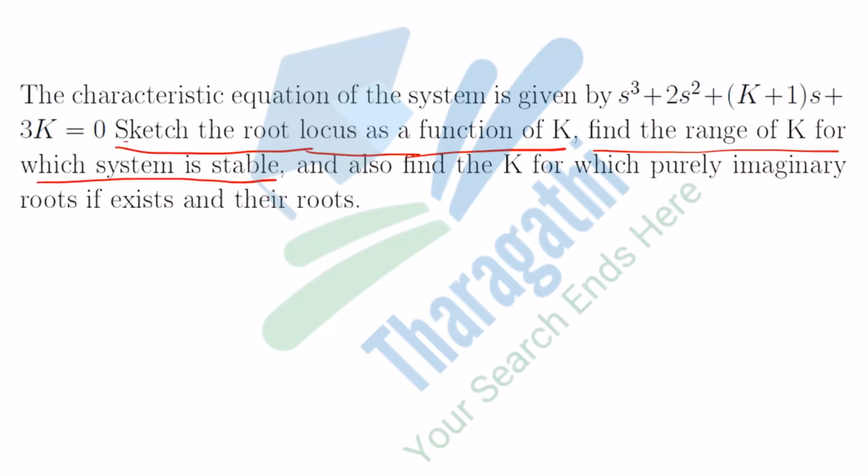Whenever you are asked to find the range of k for which the system is stable, you need to apply Routh-Hurwitz criteria.